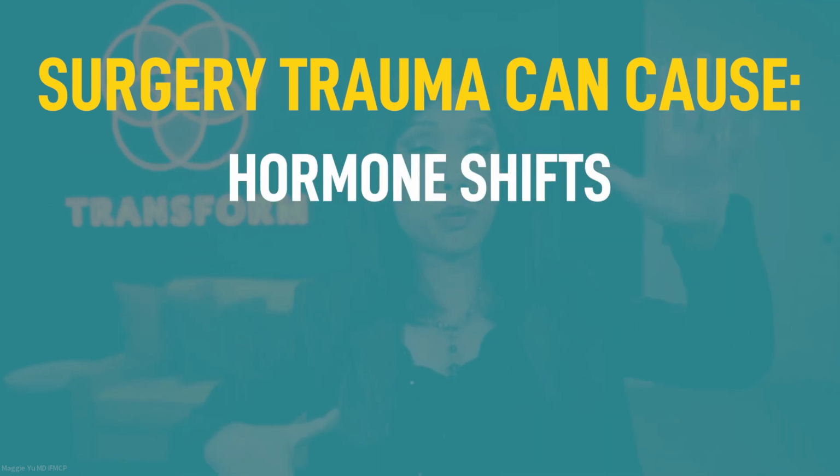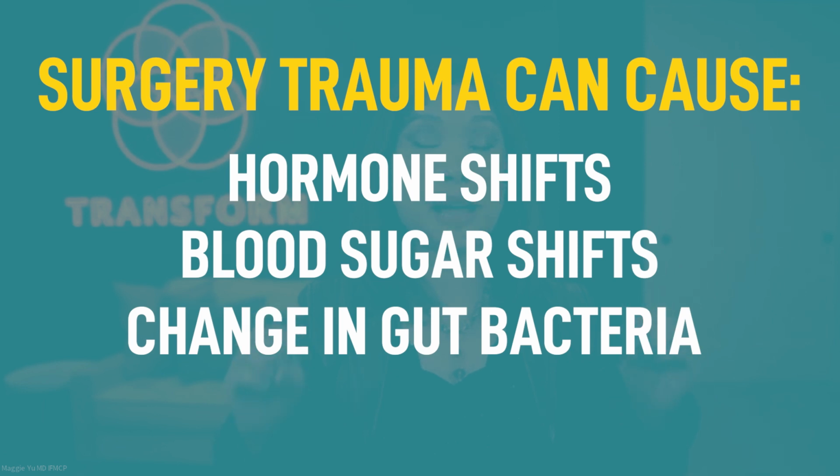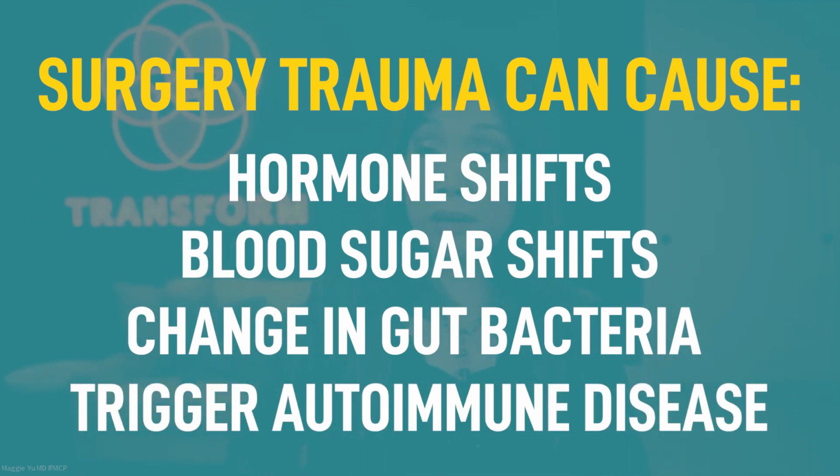There's a huge link, by the way, between the trauma of any surgery will trigger huge hormonal shifts, huge blood sugar shifts, huge shifts in the bacteria in your gut. And those three are the biggest triggers of autoimmune disease. So I'm just giving you an example where we need to train physicians to think deeper.